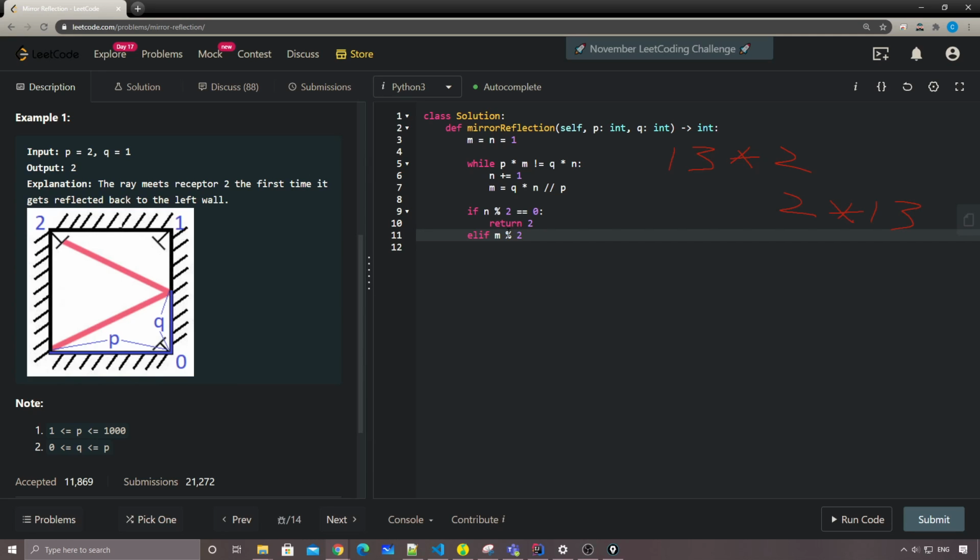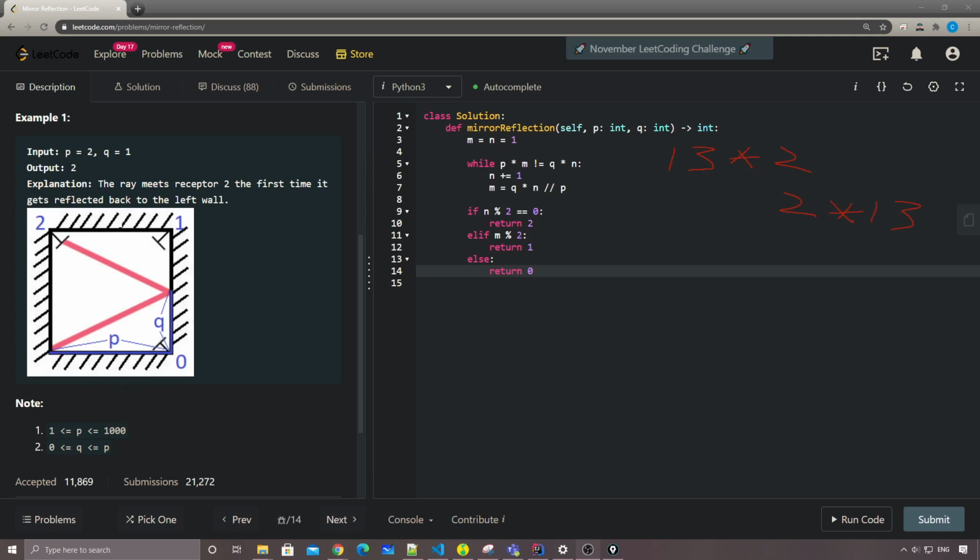If m is even, we return 1, so 1 is this one. And else, the last one, m is odd, then we return 0. Yeah, so I think that's it.